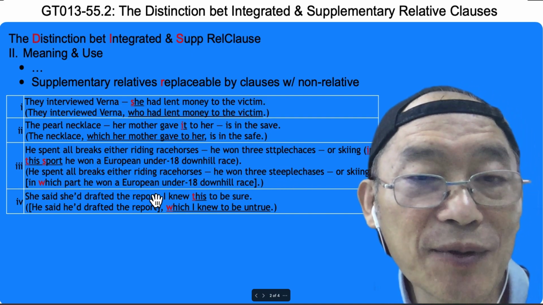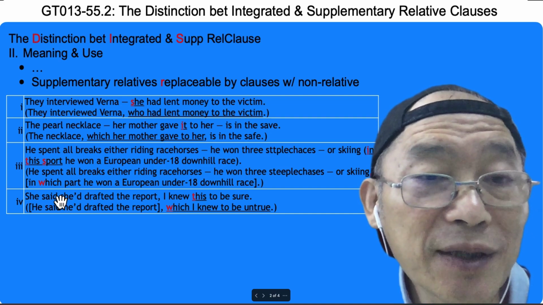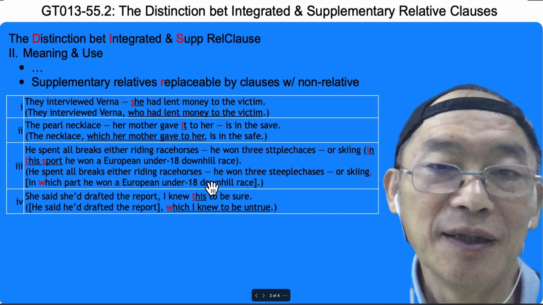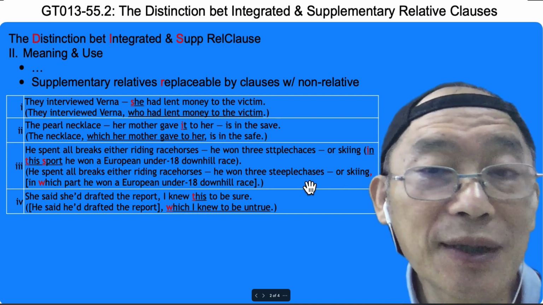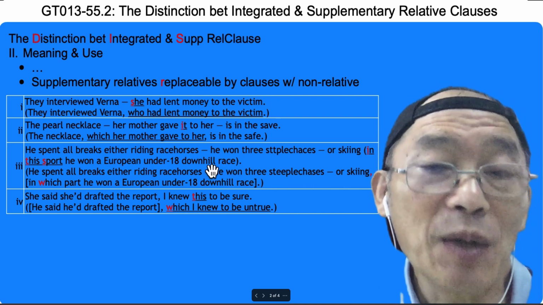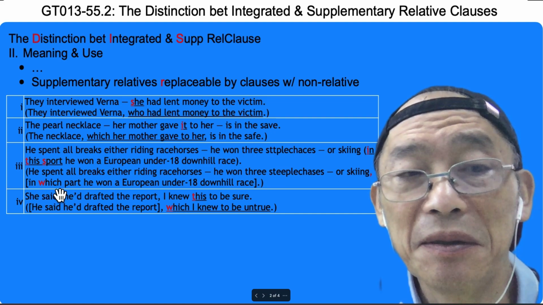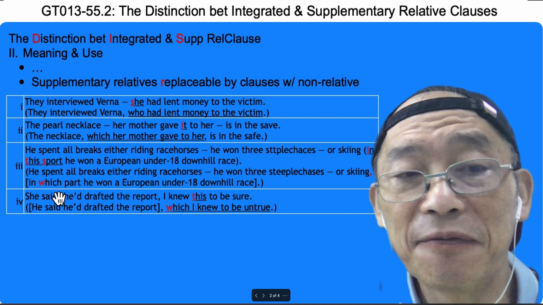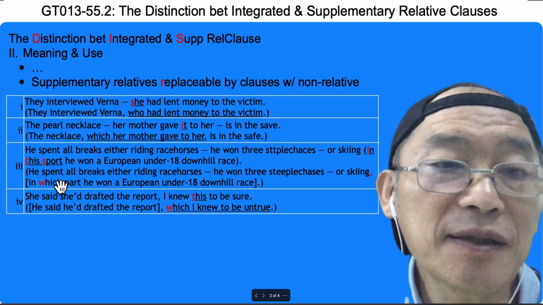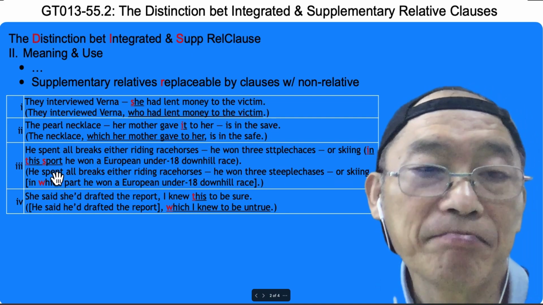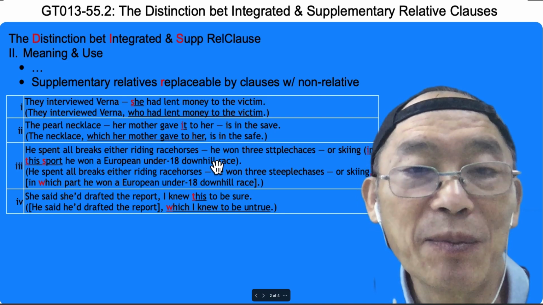Originally with a relative clause, you use in which part. But if you don't want to use a relative clause in this supplementary, you can replace the relative phrase here with in this sport. Again, supplementary.